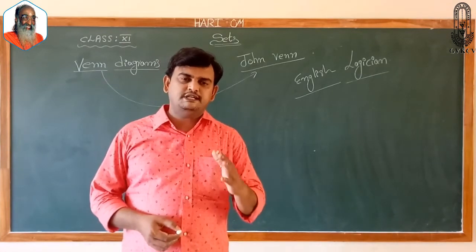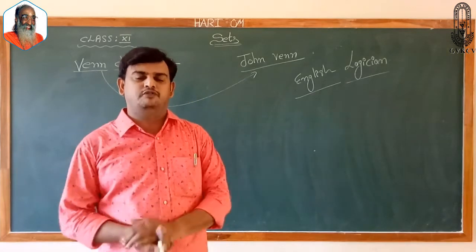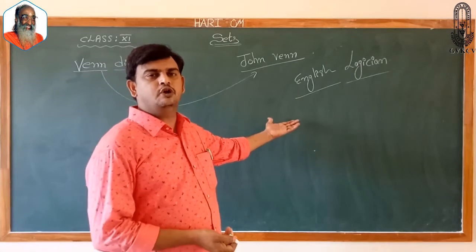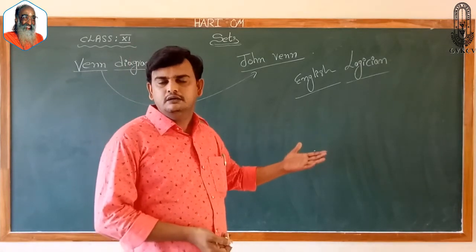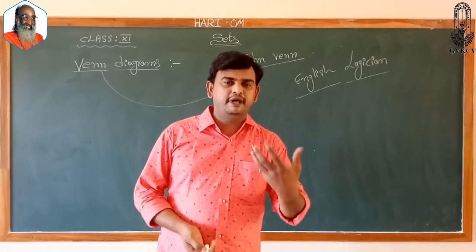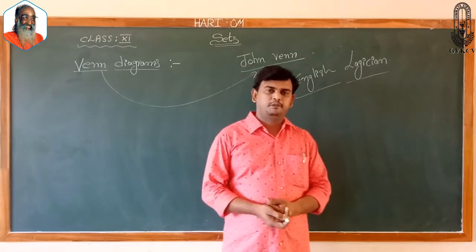So far we know sets can be represented in 2 ways. One is set builder form, another one is roster form. The third one was given by John Venn. What is that? Representing the sets in diagrams, meaning in the form of pictures.